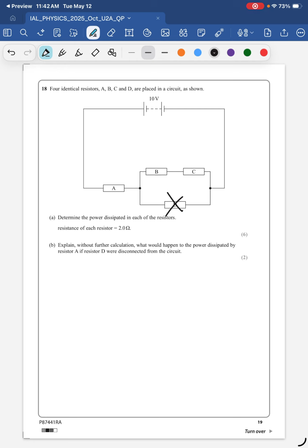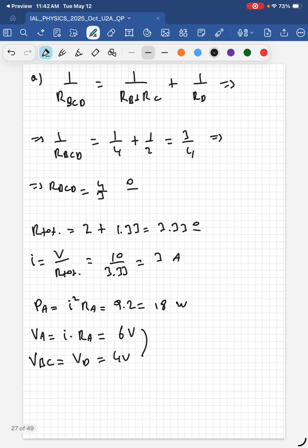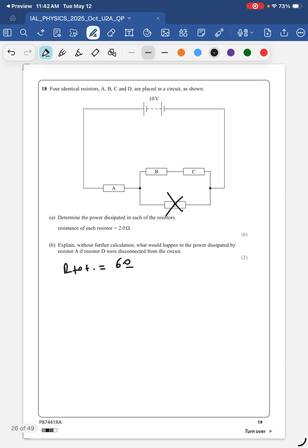Actually, our total will be 6 ohms. I know they didn't ask us to calculate it, but the total resistance before was, sorry, 3.33. Now it's 6. So removing D increases our total.